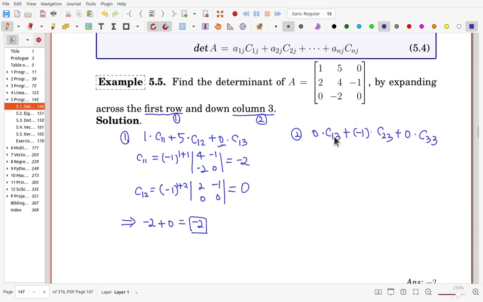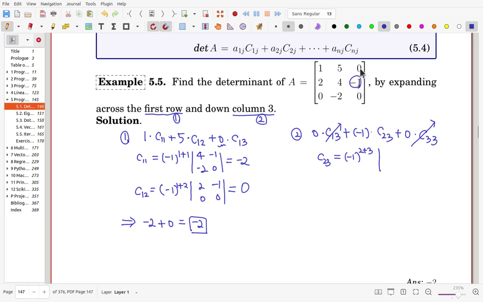We don't have to worry about C13 or C33 because 0 will be multiplied. We only need C23, which is (-1) to the 2 plus 3 times the determinant of the submatrix.